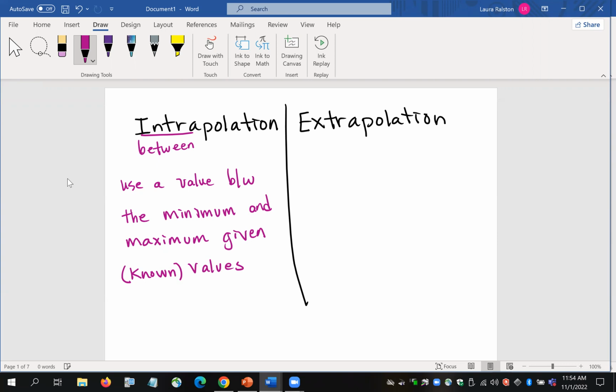So we pick a value, and it can be one that you already know, but you're going to plug it into the model, using a value between the minimum and the maximum given value. You stay between the fence posts for your high and low. You choose a value between those.